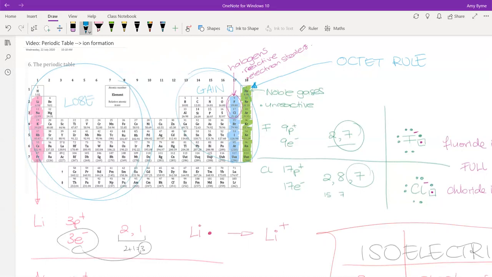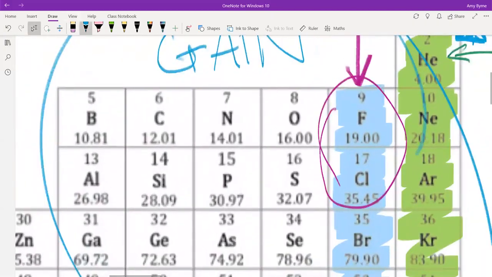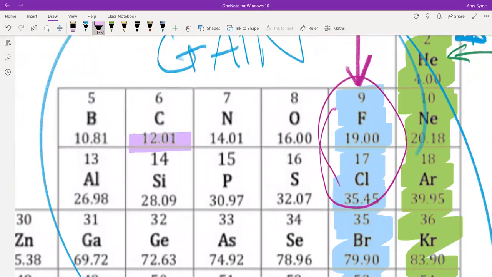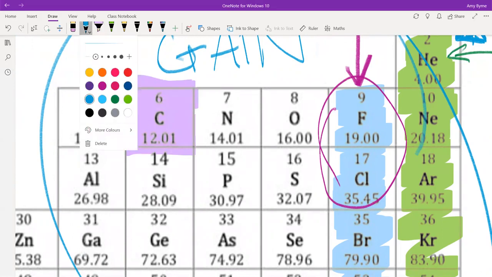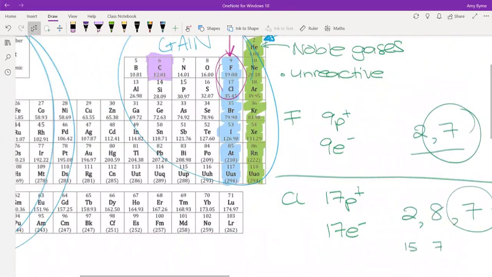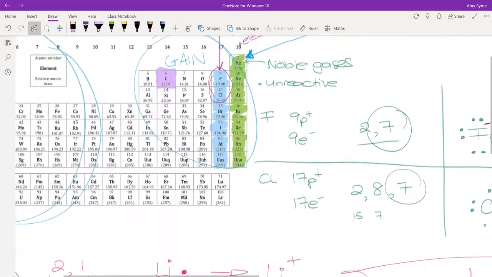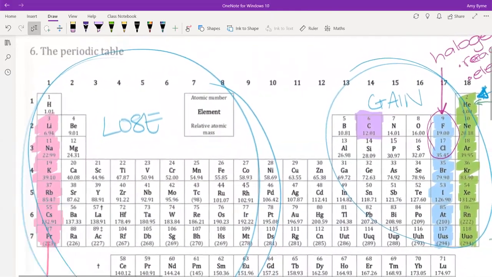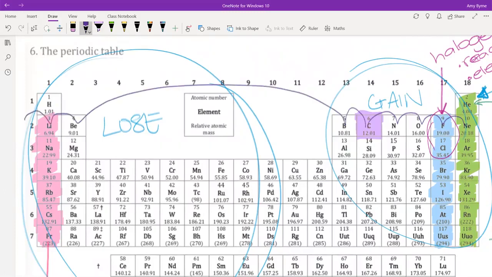However, let's zoom in a bit and look at carbon. So just carbon sitting in here on its lonesome. Now, carbon is a super important element when it comes to biochemistry, so the chemistry of living things. Carbon can either gain 4 electrons or 1, 2, 3, 4, lose 4 electrons.